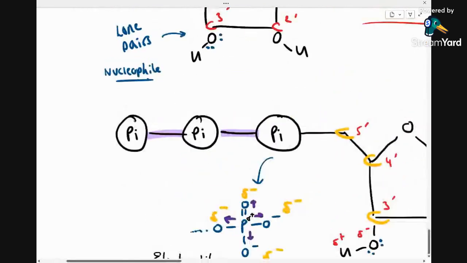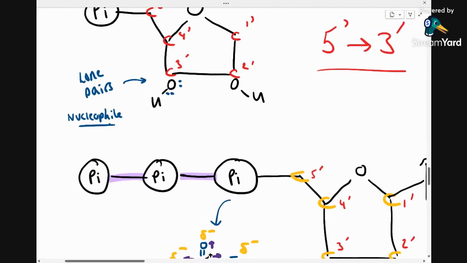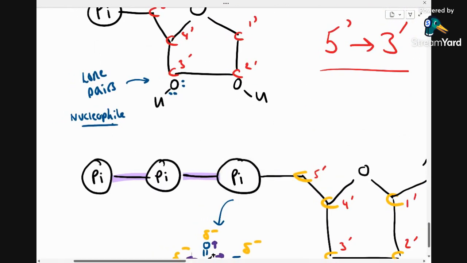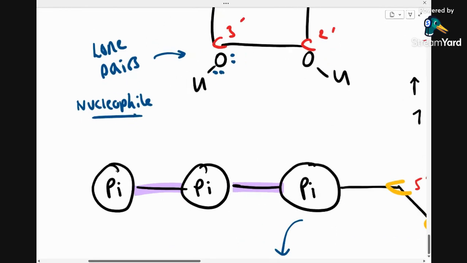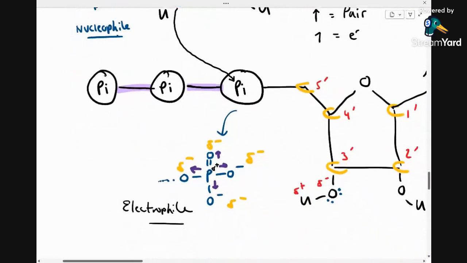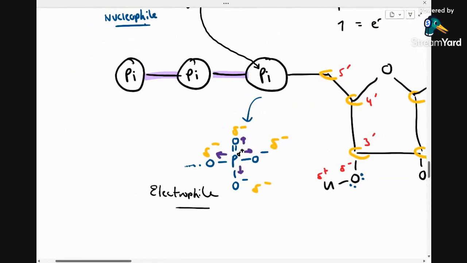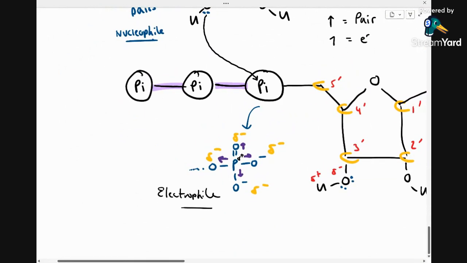So what you can hopefully appreciate happens is that the lone pair of electrons, I'm going to draw electron diagrams here. A double-headed arrow refers to the movement of a pair of electrons, and a single-headed arrow refers to the movement of just a single electron. So we're going to do a double-headed arrow. Both of these electrons are going to attack the phosphate group, specifically the phosphorus atom, which is an electrophile in the middle here, and it's going to form a bond with that phosphorus atom.